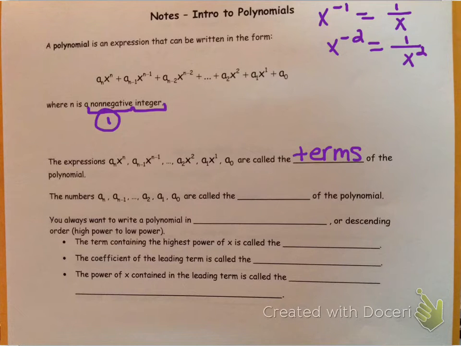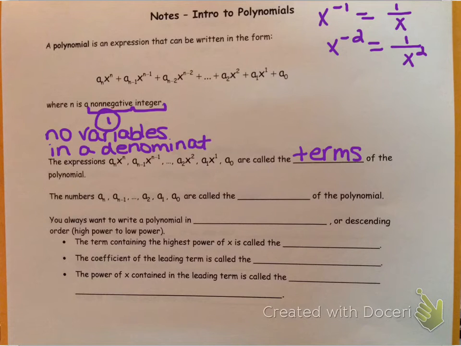So the fact that the exponent has to be non-negative means that there are no variables in a denominator. Now you've got to be careful, because there can be denominators in equations, but you just can't have a variable in them. And you'll see those throughout this unit.